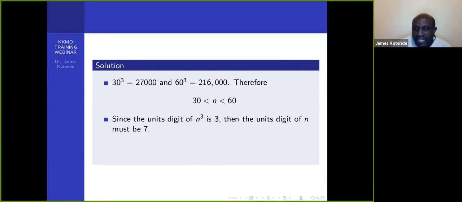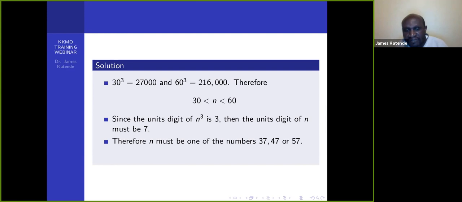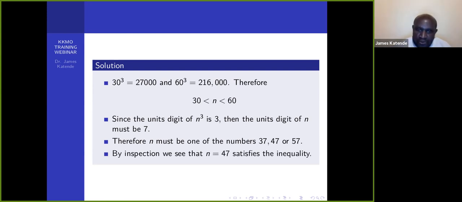So now you have only 3 possible cases to consider in the interval. This interval is a bit generous, but you can always squeeze it so that you have fewer numbers to consider. But there are not too many anyway. So we have 37, 47, and 57 as the only numbers that end with the digit 7. And from this point, you can test each of them. By inspection, you'll see that n equal to 47 is the correct answer.